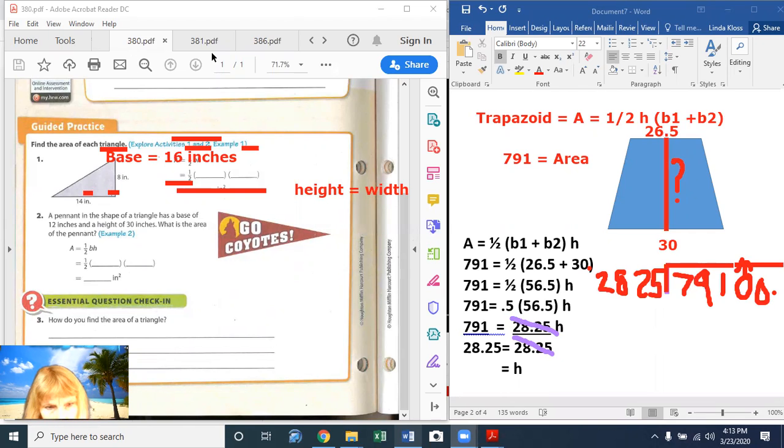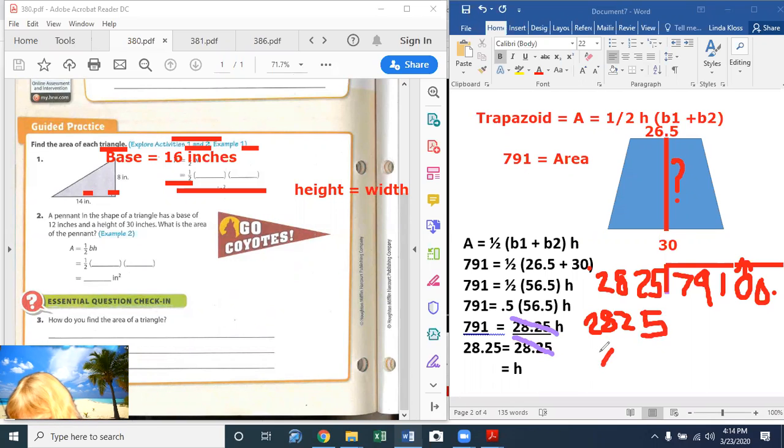So then we have to go on the side of our paper somewhere, and we have to multiply 2,825. Make a better 5. It's big, but it's better.